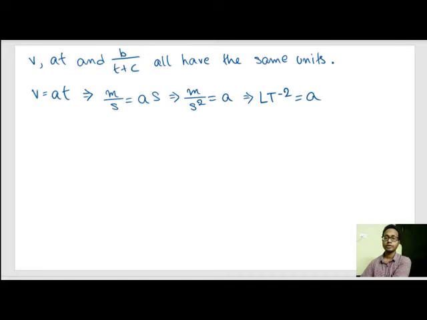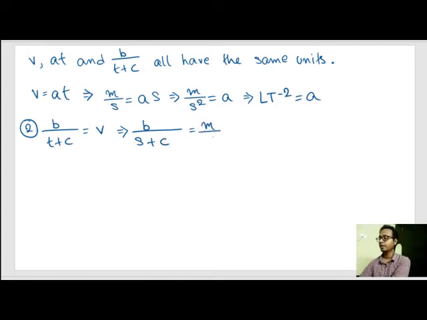Okay, so now if you want to solve for all the parameters, you also know b by t plus c is equal to v, or the unit of b by t plus c is equal to the unit of v. Let's solve it. Unit of b, plus the unit of time is second, plus c is equal to meter per second.